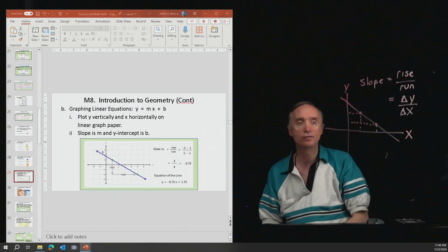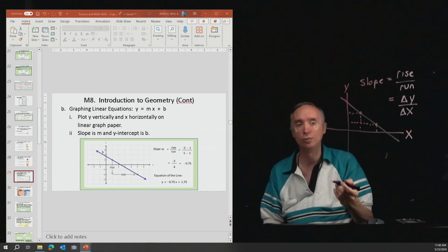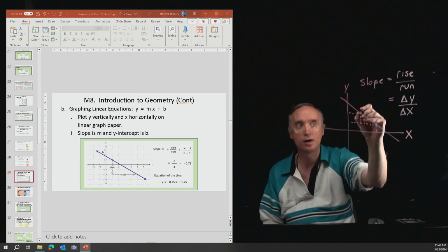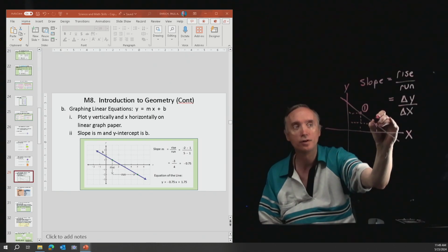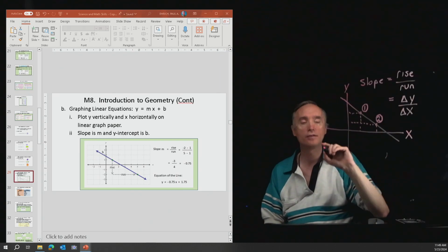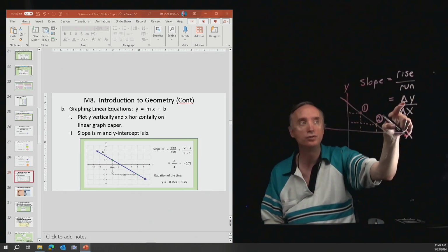It doesn't make any difference which one you call 1 and which one you call 2. So I'm going to call this point number 1, and then this one over here is going to be point 2.